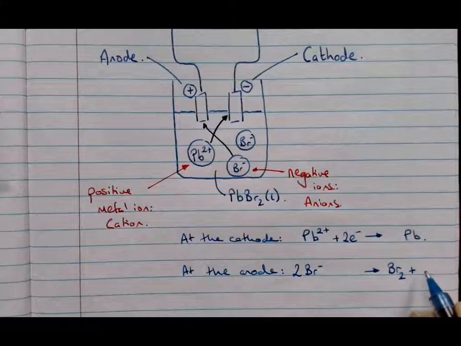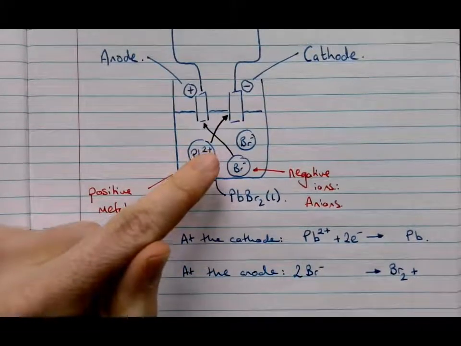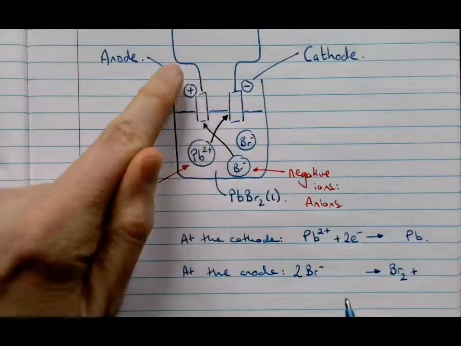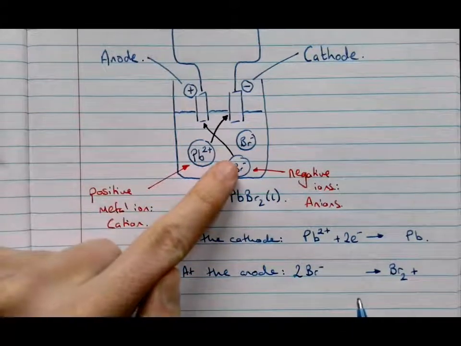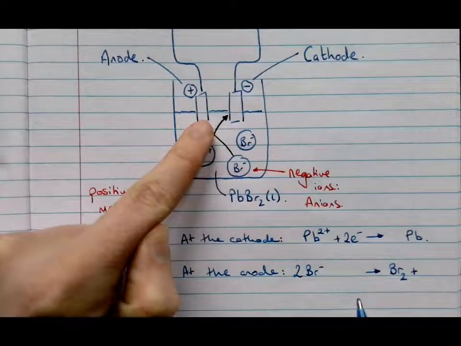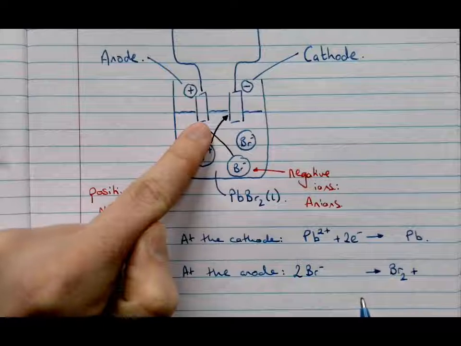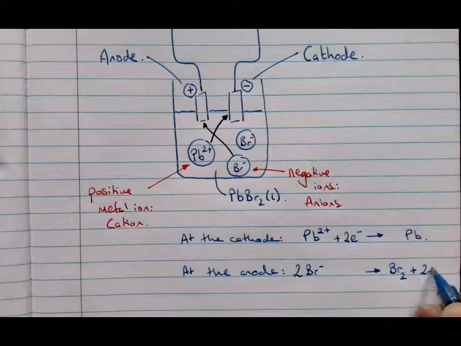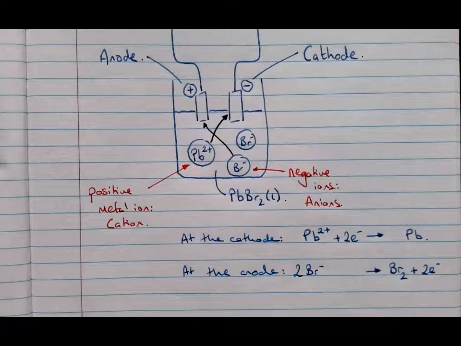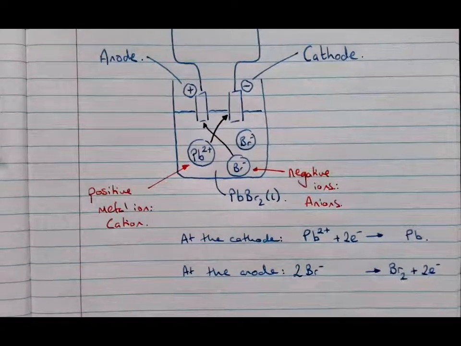And it's going to do that by, remember, for the electrons to flow through the rest of the circuit, it needs to get the electron from the bromide ion, give it to the anode so that it can then go into the circuit. Like that.